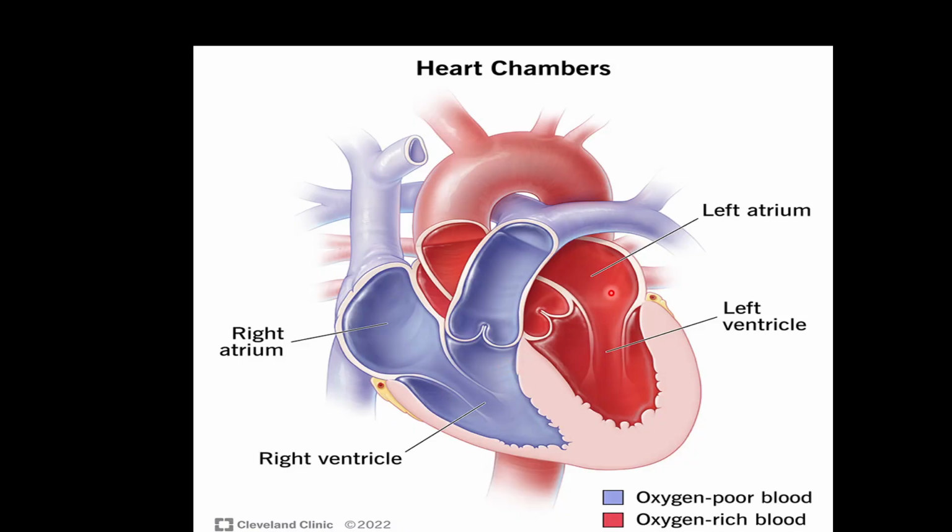Similarly, when blood arises from the left ventricle and passes to the whole parts of the body, it is also guarded by a valve called the semilunar valve, which is also tricuspid in nature.